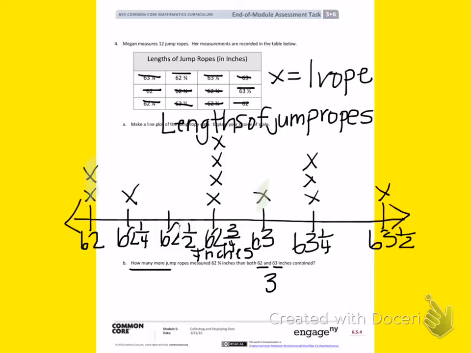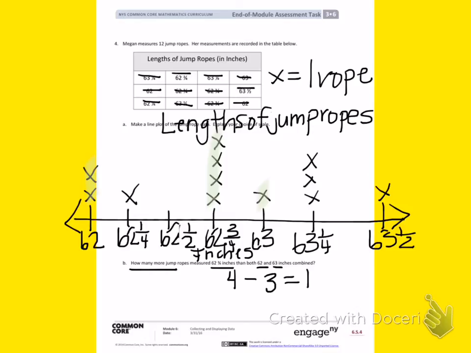Next, I can find how many more jump ropes are 62 and 3/4 inches. 62 and 3/4 inches has 4 X's above it. So I'm going to write that 4 down. When I hear the words how many more, that tells me to compare. When I compare, I need to subtract. 4 minus 3 equals 1.